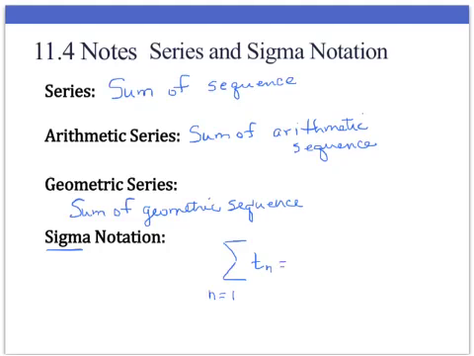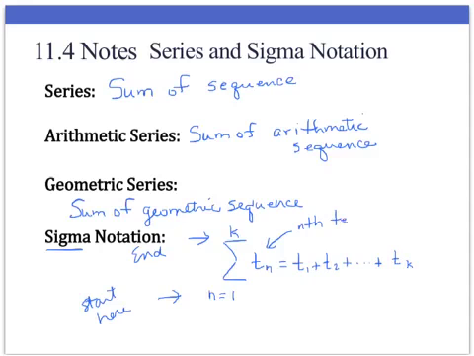So this would be the same as the first term plus the second term. And then we would end at a certain point, and I'm just going to give that number a letter. We're going to say a K. But you start here, start counting here, and then you end here. The Tn, we find our equation for the nth term, and that goes there.